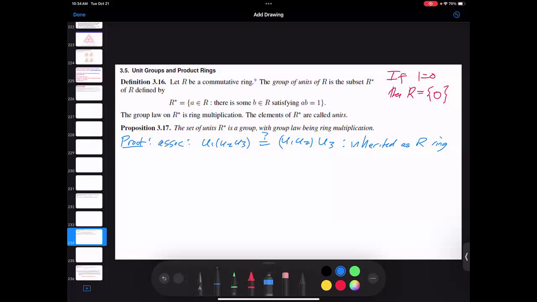Identity. 1 is in R, 1 is in R star. So let's prove rigorously that 1 is in R star. Can you give me some number which if I multiply 1 by it, I get 1?